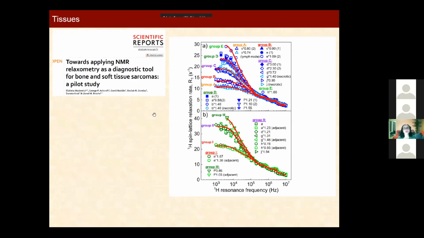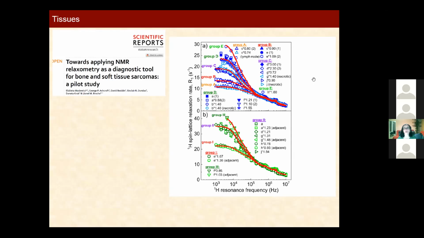Then, with this knowledge, let us come to tissues. They are the last two slides. I will not repeat what Lionel said. However, what we have done here is a lot of relaxation data for healthy and pathological tissue, for sarcoma tissue and muscular tissue, healthy tissue. We played some tricks to group them into individual groups and try to correlate it with histopathology and so on.